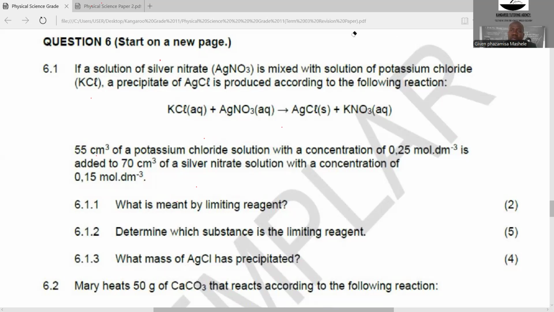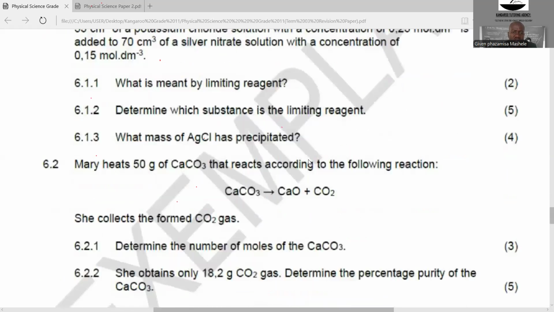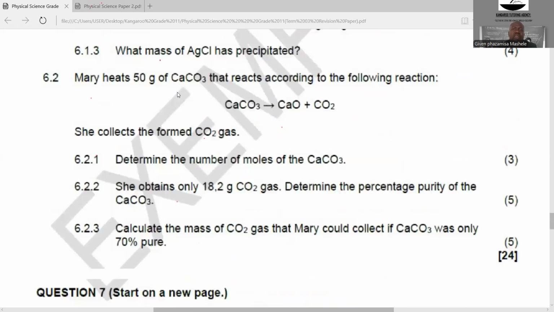All right, then now we can move on to the next question. The next question is still on the quantitative aspect of chemical change. It says Mary heats 50 grams of calcium carbonate, I apologize, guys, that reacts according to this reaction.